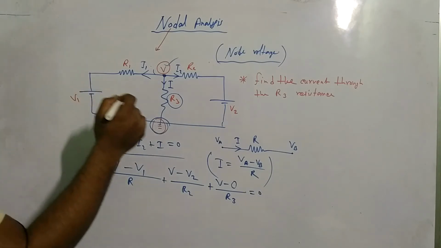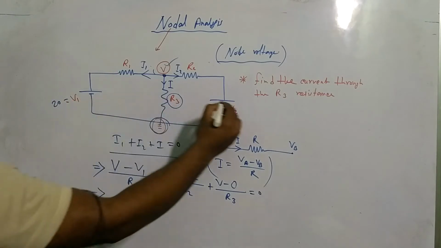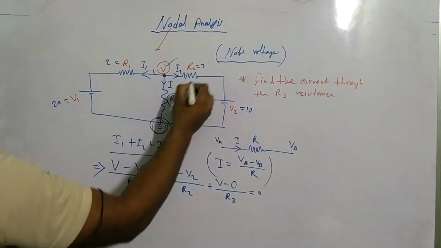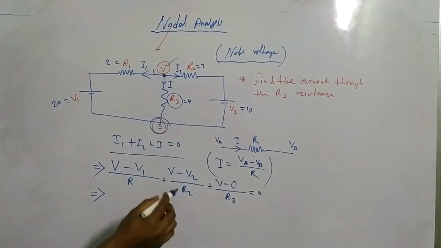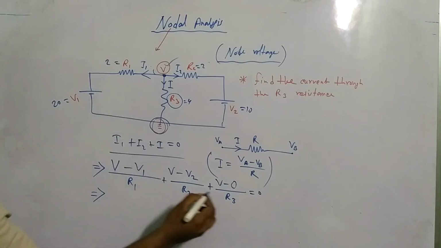How? Suppose we take the values: this is 20, this is 10, 2, 2 and 4, for R1, R2, R3.